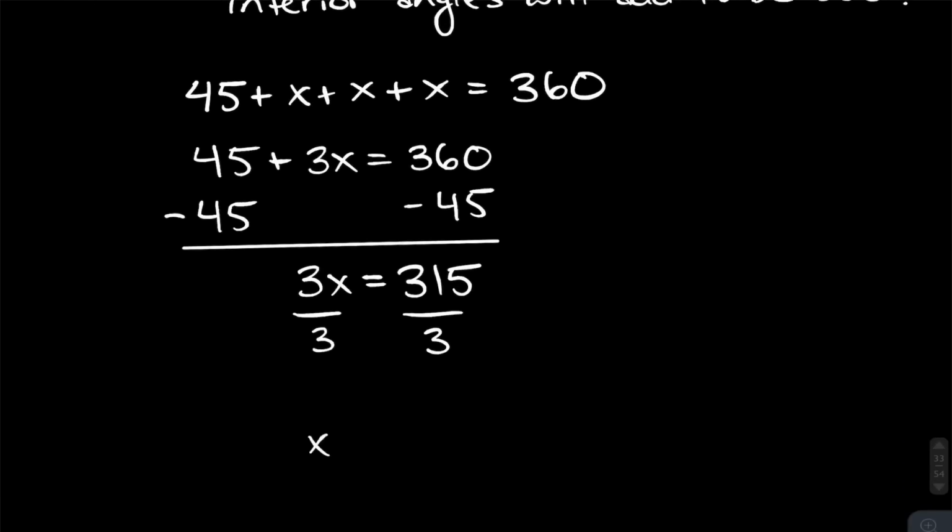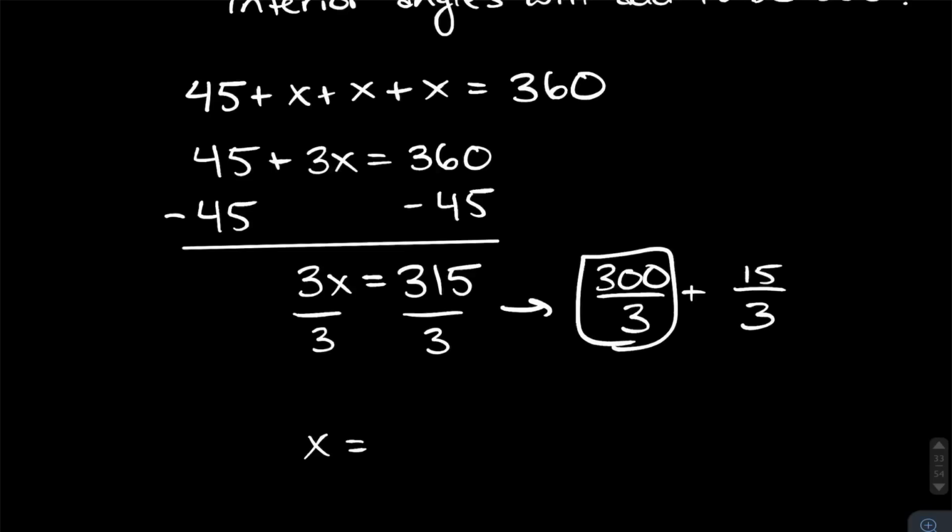And when we do that, we get that x is equal to, well, you don't really need a calculator for this. You can use one. When I say you don't need it, I mean just trying to use mental math here, right? You could break this up into 300 divided by 3 and 15 divided by 3, right? And this is 100, this is 5, so this is 100 plus 5, and this is 105, right?